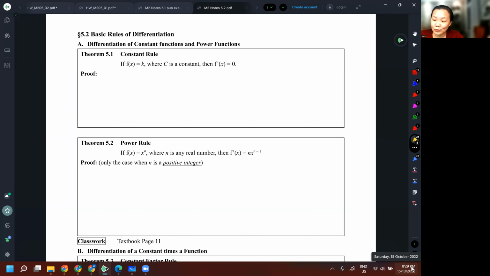Last week, we did learn how to find the derivative function. But we found them through the first principles, which you should admit is not the easiest method. Even for a very simple function, to differentiate using the first principle takes a long time. Do you agree?